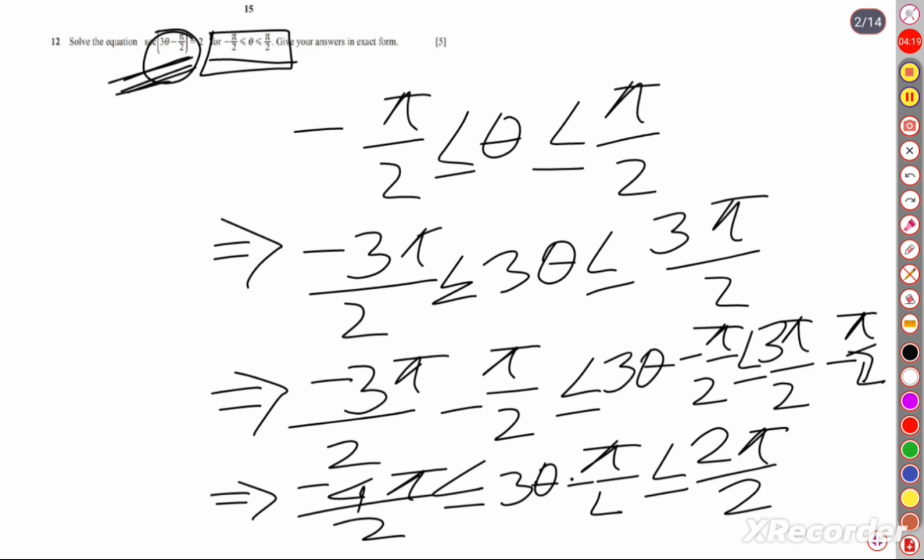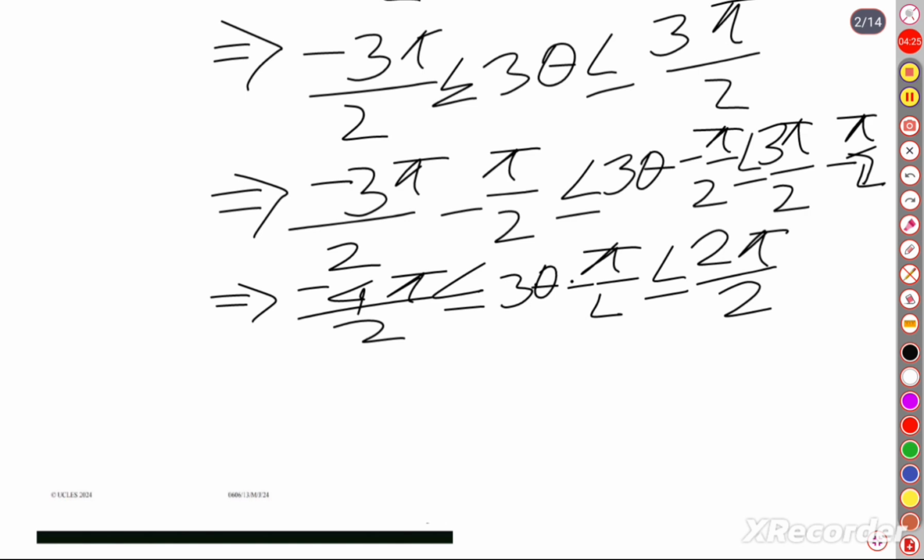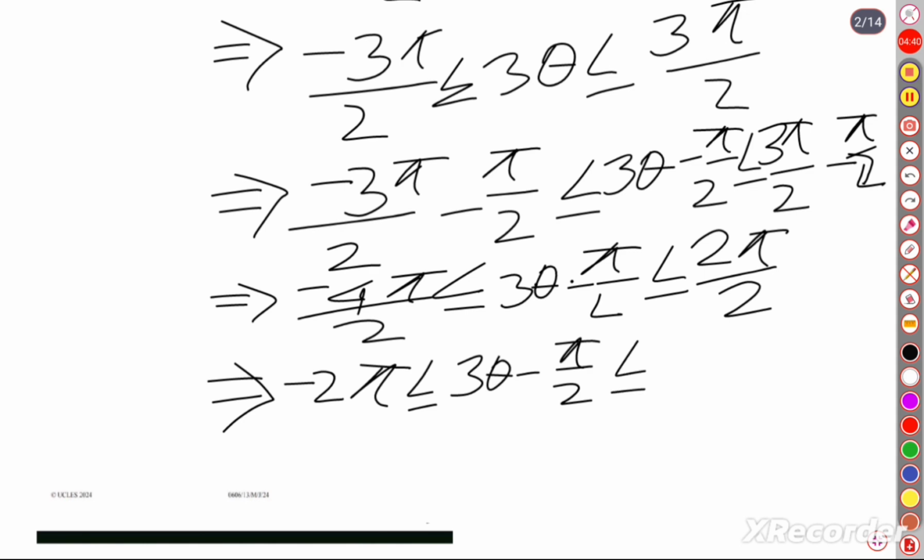So if we divide, we get −2π ≤ 3θ − π/2 ≤ π. That means our new domain is from −2π to π.